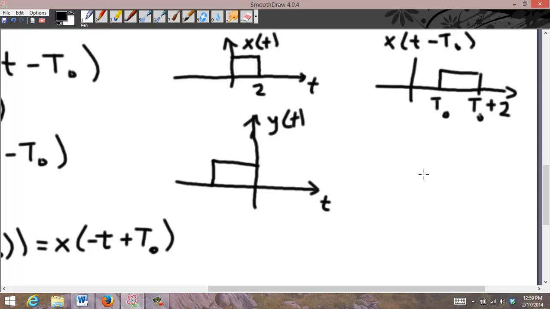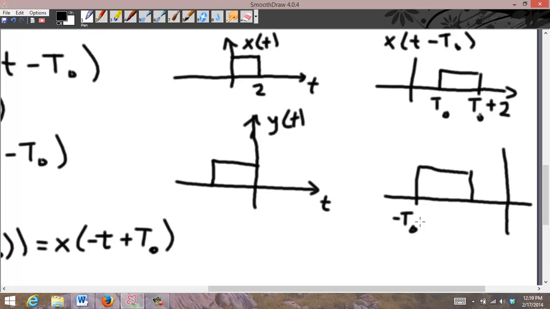The time reversal of this, though, is going to be flipped. Everywhere it was positive, now it's negative. So instead of going from t naught to t naught plus 2, it's going to go from minus t naught minus 2 to minus t naught.